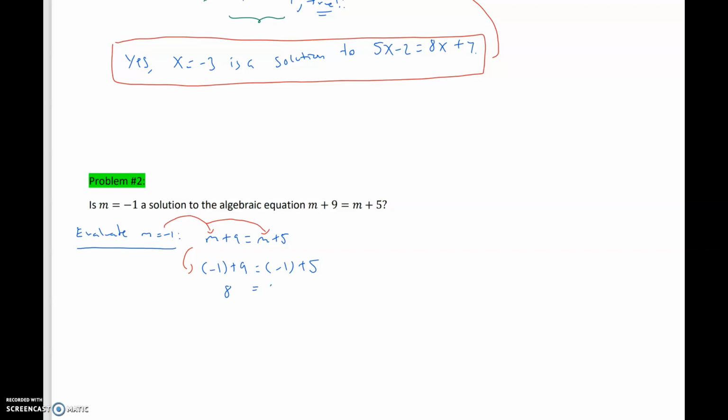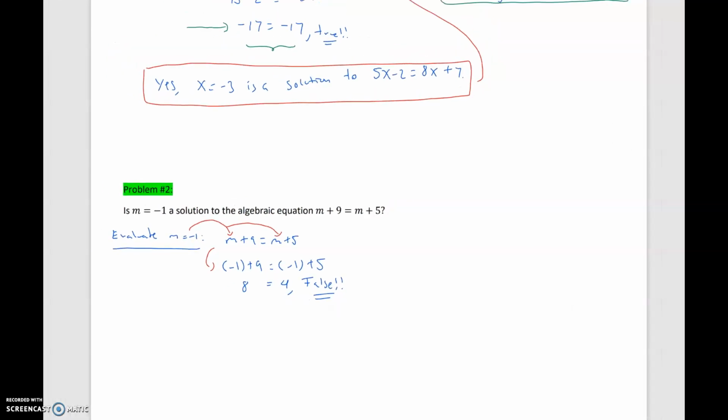On the right hand side, we end up with 4. Now, in this case, this is a false statement. It does not qualify as a solution, so we would simply say no, m is equal to -1 is not a solution to m plus 9, which is equal to the values of m plus 5.